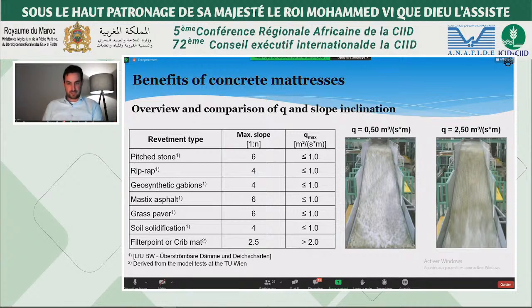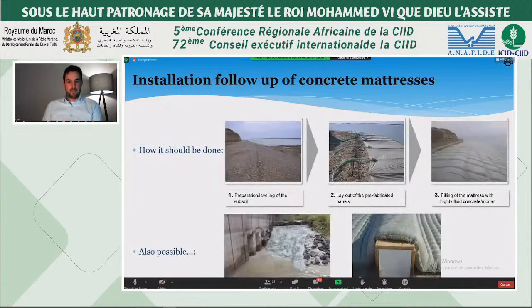Et on voit aussi les photos où l'on a eu des tests pour tester justement la capacité de dépassement de tels matelas jusqu'à 2,5 mètres cubes. Donc, on n'a pas été capable d'annihiler ce matelas.